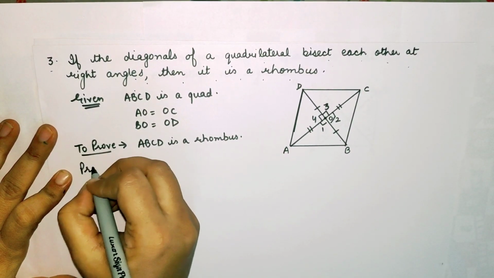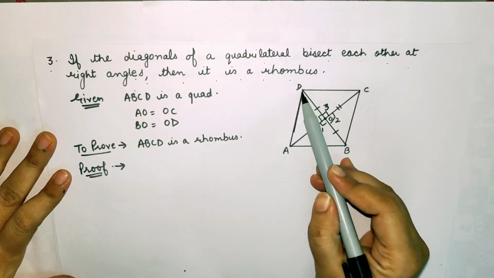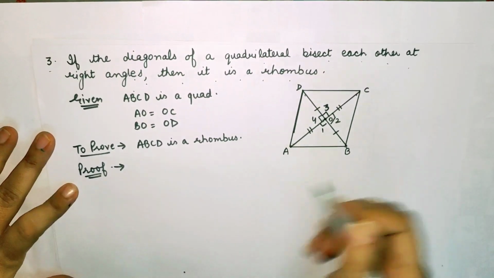Now again we have to start the proof. What is the proof? We take these two triangles, that is AOD and BOC.